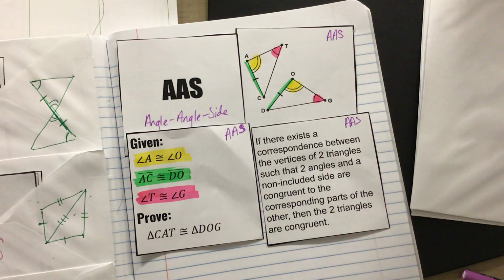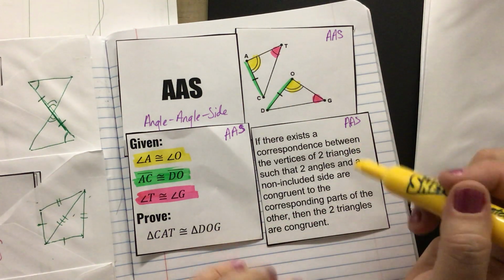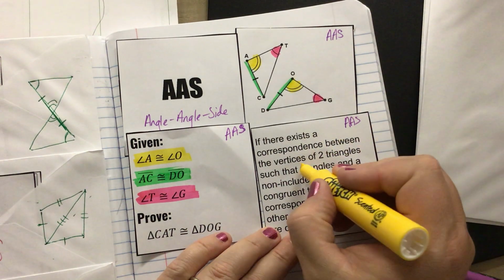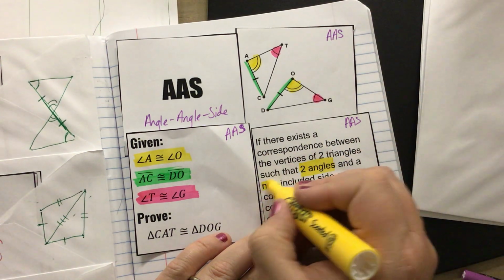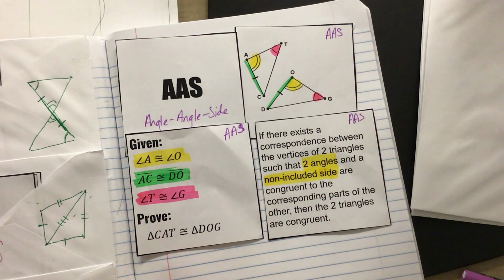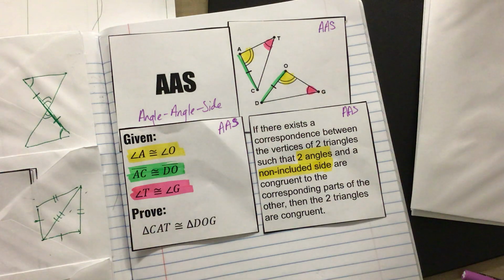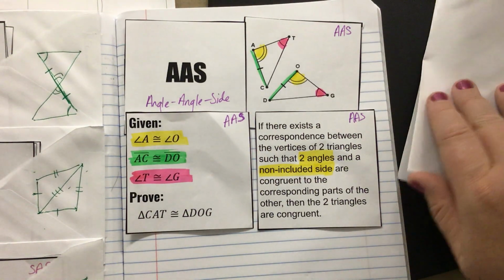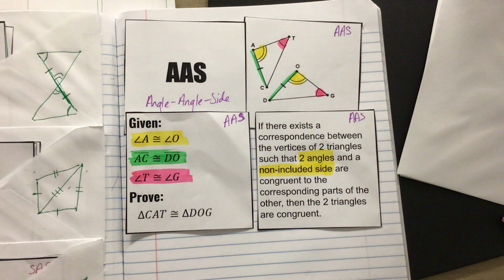So again, angle, angle, side. If there exists a correspondence between the vertices of two triangles such that two angles and the non-included side are congruent to the corresponding parts of the other, then the two triangles are congruent. So these are the four note cards, or four cards you should have that go with angle, angle, side.